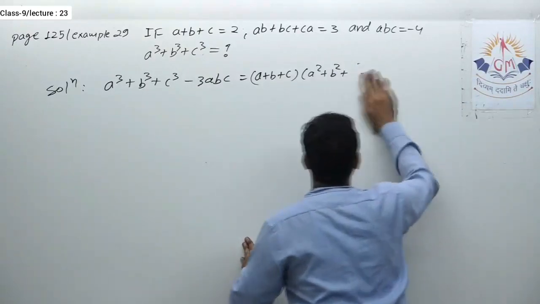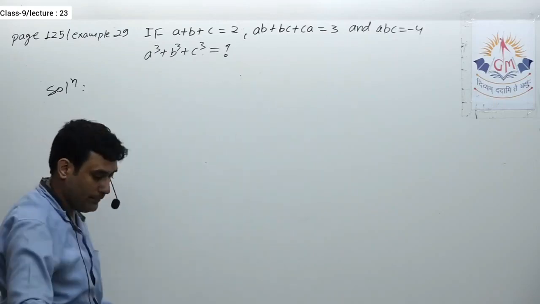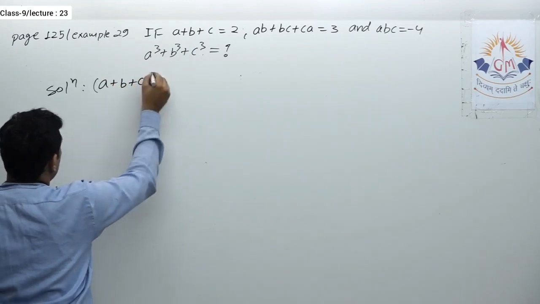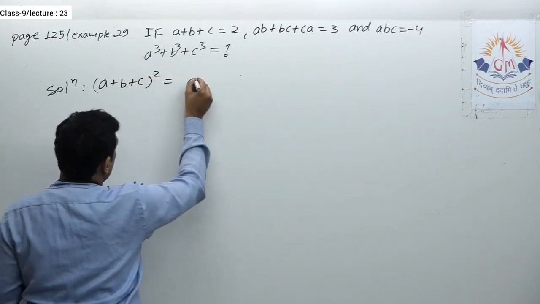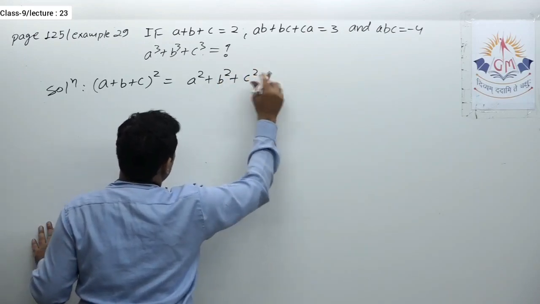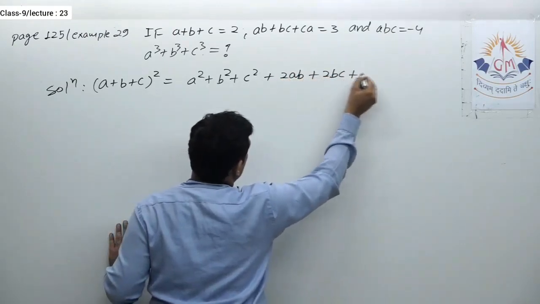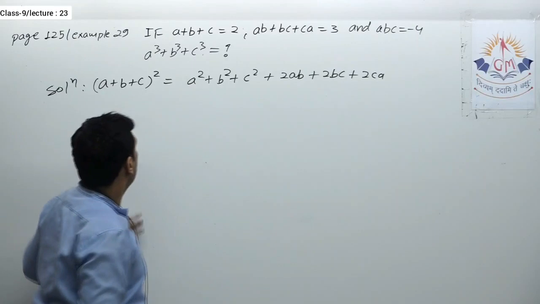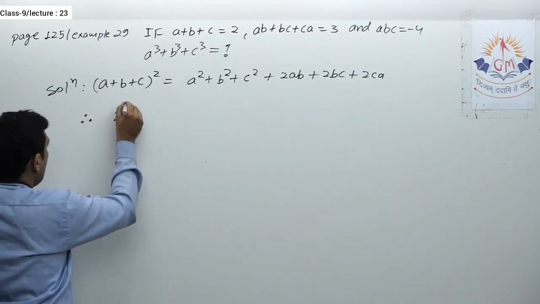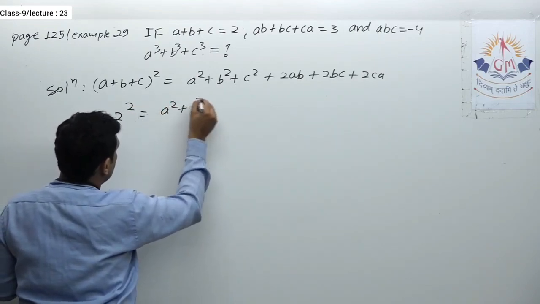So now let us see how to solve it properly. So a plus b plus c whole square is equal to a square plus b square plus c square plus 2ab plus 2bc plus 2ca. Now a plus b plus c is 2, that I will put over here. This I need to find, so I will keep it as it is.